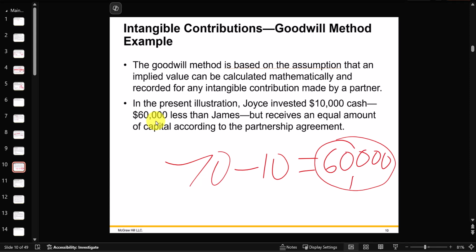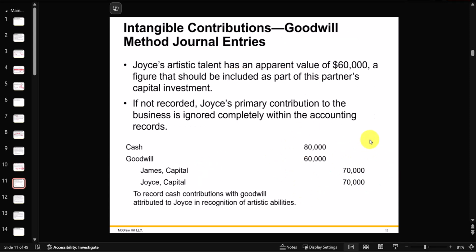And under the goodwill method, we're saying now there's this asset, this value Joyce is bringing, that the partnership has to record. And just like any asset, it's recorded with debits. You're debiting now a goodwill asset for that $60,000 difference in the cash contributions.